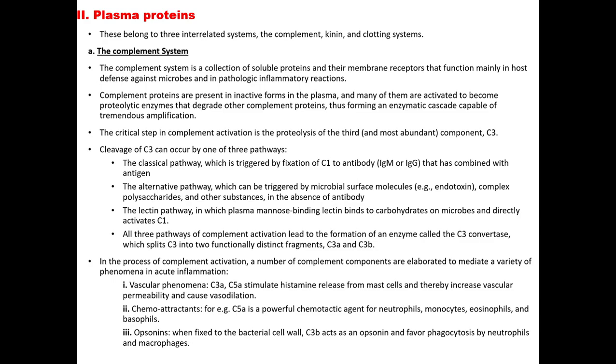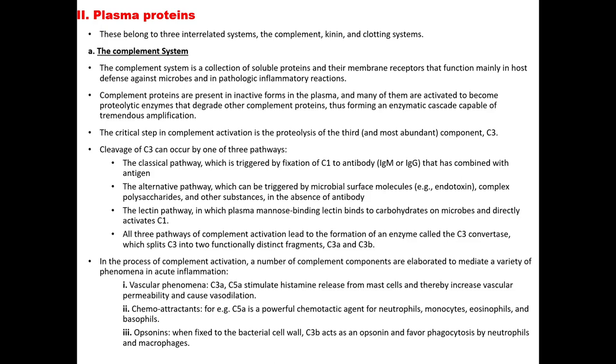The complement proteins are present in inactive form in the plasma, and many of them are activated to become proteolytic enzymes that degrade other complement proteins. So they form an enzymatic cascade, a series of enzymes capable of tremendous amplification.